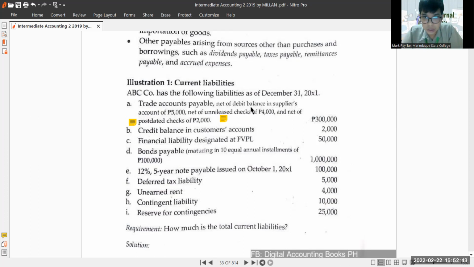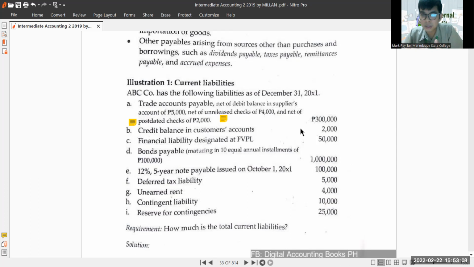So, ngayon, yung accounts payable, anong normal balance nun? Di ba? Credit kasi liability yun eh. Ang sabi dito, debit balance yung accounts payable ni company sa supplier. So, paano nangyari yun? Bakit naging debit balance ang accounts payable natin? By default, yung normal balance na dapat ay credit.